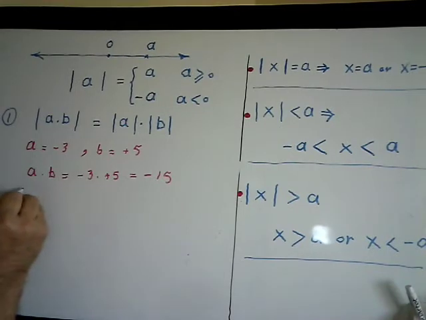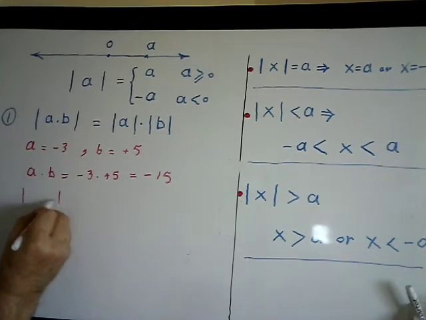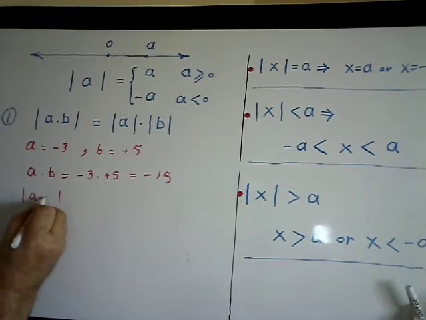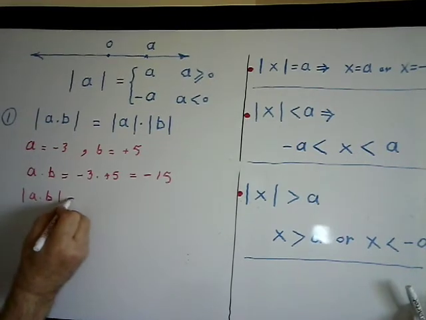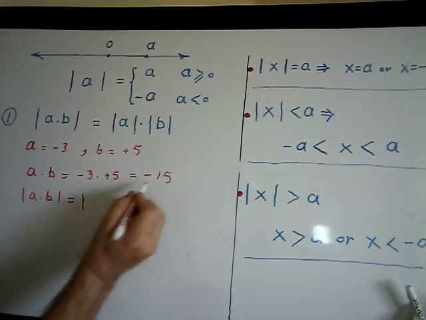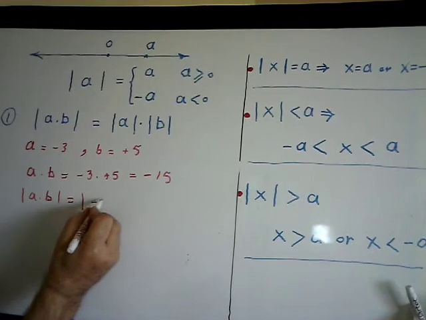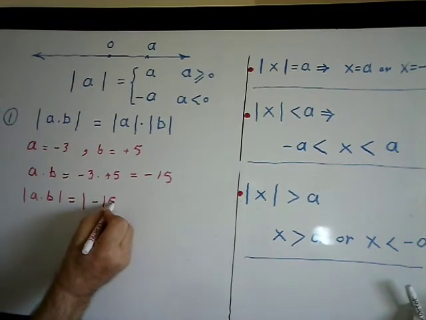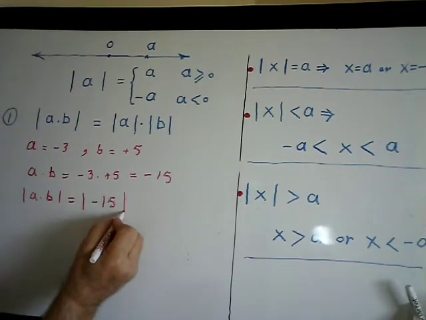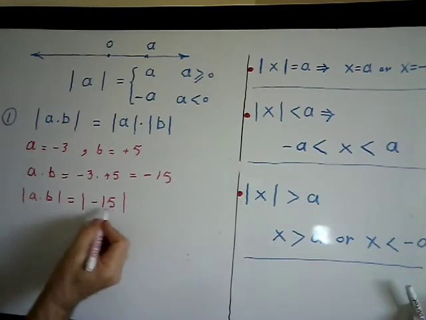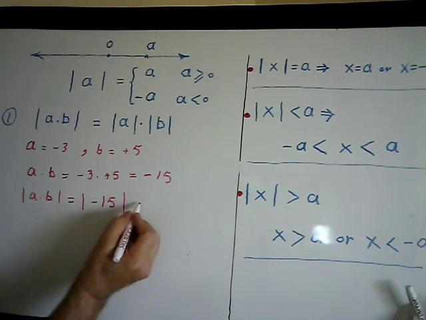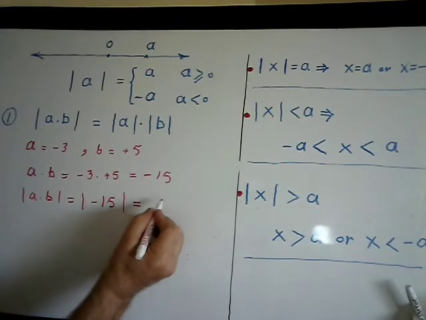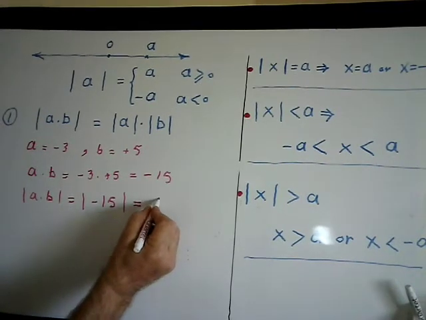So the absolute value of A times B is the absolute value of the result, which is negative 15. What's the absolute value of negative 15? It is positive 15.